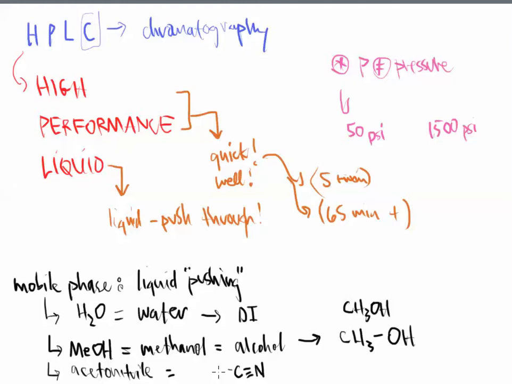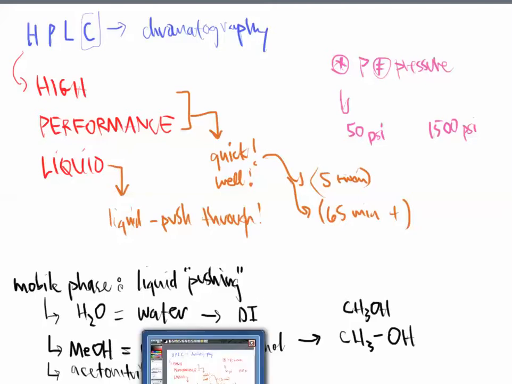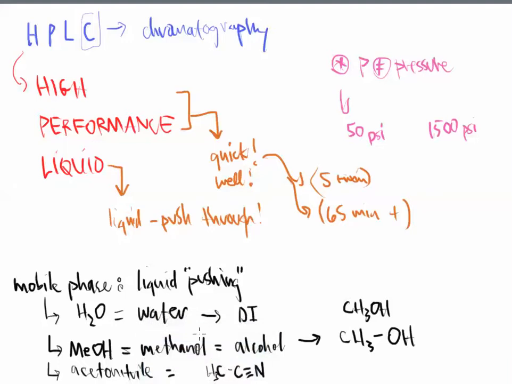So acetonitrile is a two-carbon chain with a triple bond N at the end. This carbon has to have some other stuff on it, right? So it has 3 hydrogens on it: CH3, C, triple bond N. That is acetonitrile. So these are the 3 mobile phases that we use for this piece of equipment.